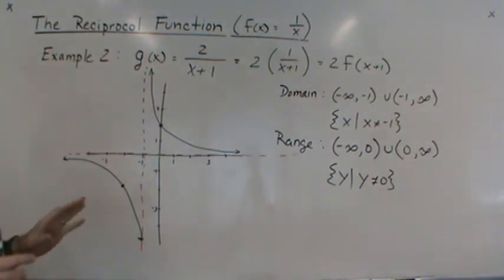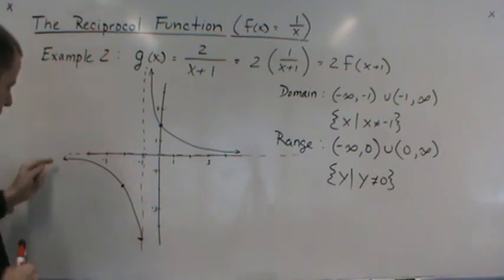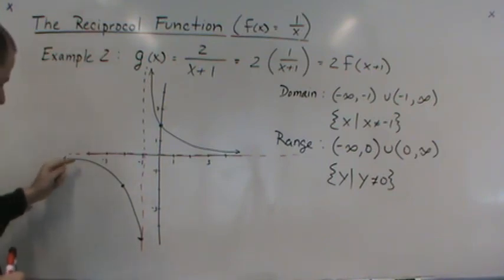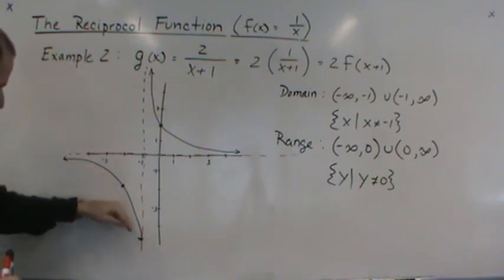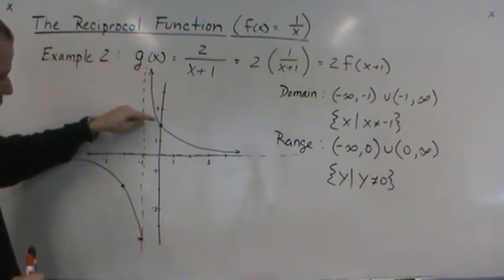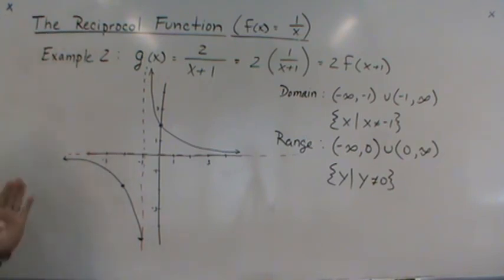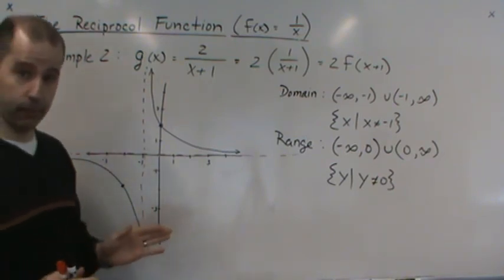Now, what about the behavior as far as increasing, decreasing? Now, in this case here, this is decreasing on the entire number line. Because as you, again, move left to right, look what's happening to the graph. It's going down. And then what happens when you get to the other side of the asymptote? Boom, it flips up here, but as you move to the right, it's still going down. So this is decreasing everywhere.